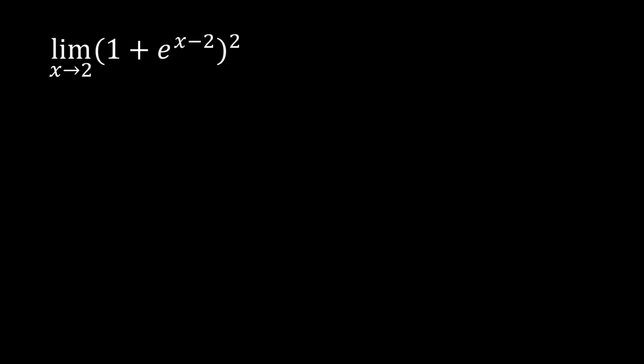So let's have another one. We have the limit of the quantity 1 plus e to the power of x minus 2, raised to the power of 2, as x approaches 2. We try to plug in the approach value to x. So we have 1 plus e to the power of 2 minus 2, and then we raise everything to the power of 2.